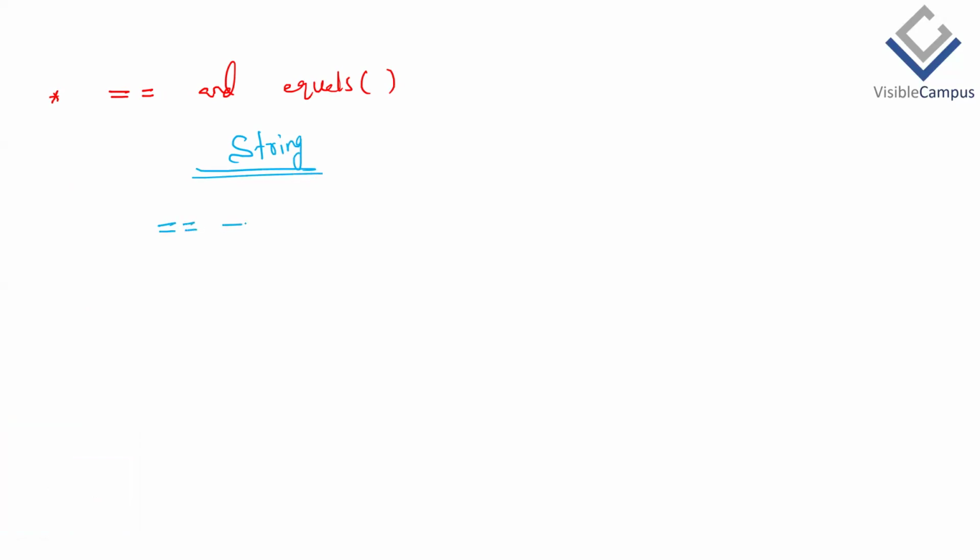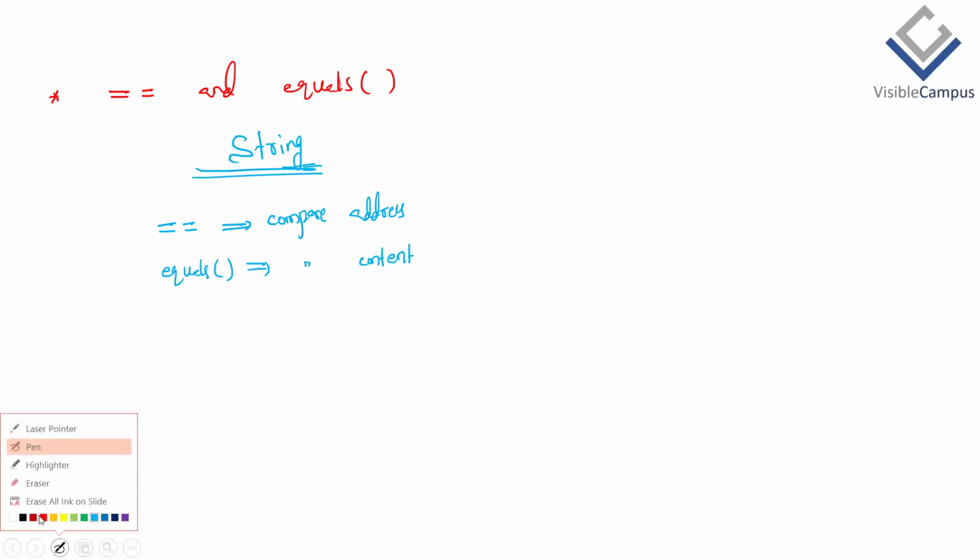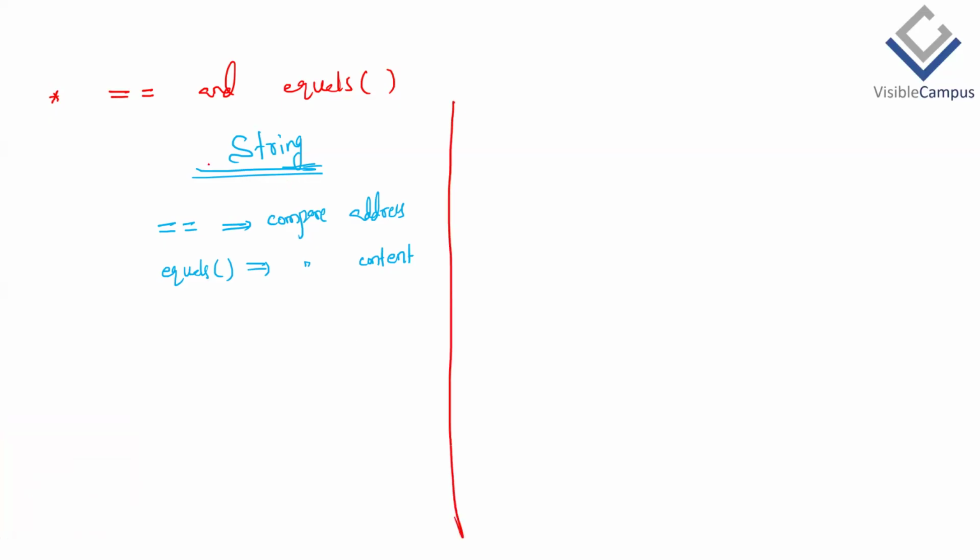The double equals operator will compare addresses, and the equals method will compare the content. So this is when used on strings, but if we use them on StringBuilder, this we already discussed. I'm not going with examples, but for StringBuilder I'll take an example.